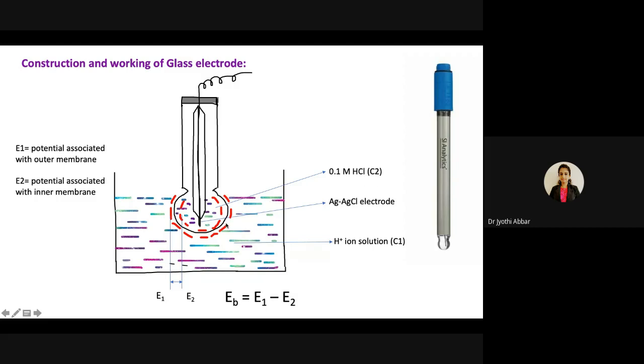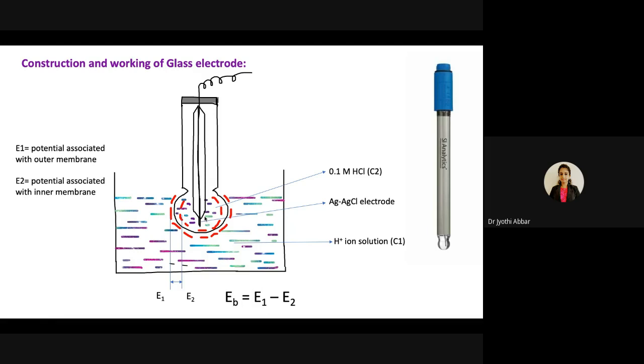As I have to determine H plus ion, I have to take the solution inside this bulb of known pH, with the same ionic solution. So we are taking 0.1 M HCl solution. Suppose I want to determine some other ion, then I have to use that ionic solution in this glass bulb. If it is for pH determination, 0.1 M HCl will be added inside this glass bulb by the manufacturer.